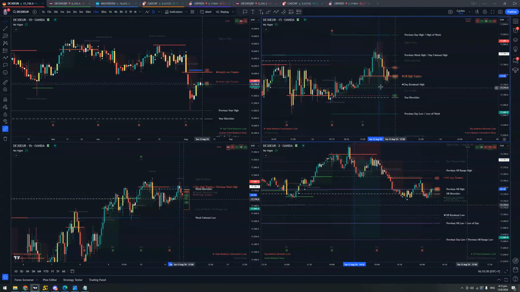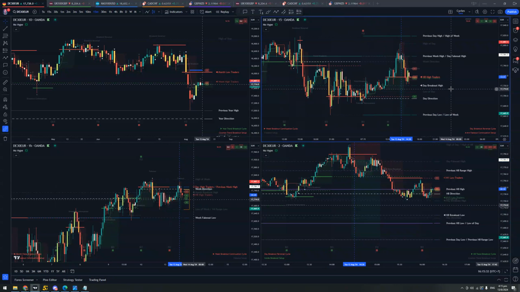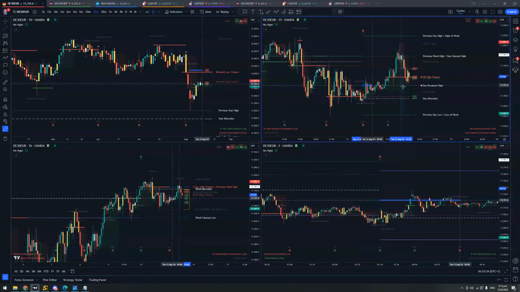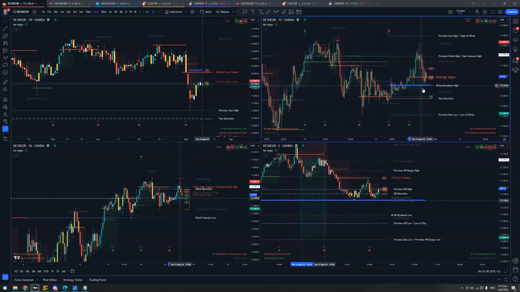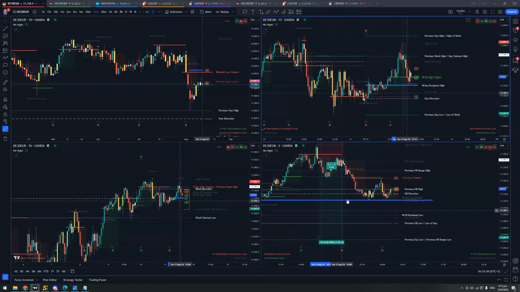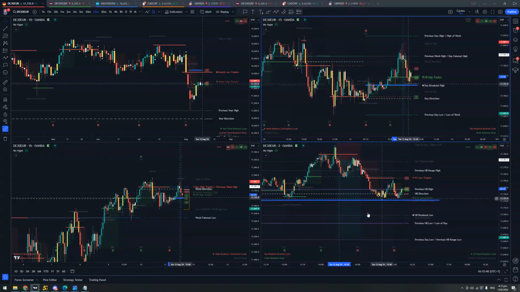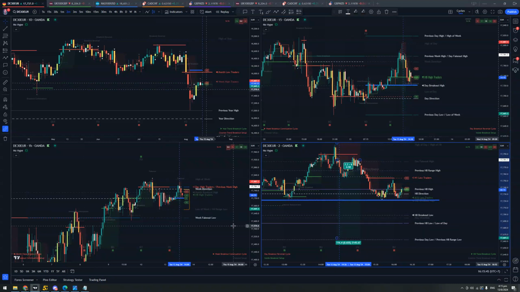And then same thing, when it got to the day breakout levels, I don't assume that these things will just immediately break. So I did end up taking partials around here, about 2R, and I'm holding on to the runners.